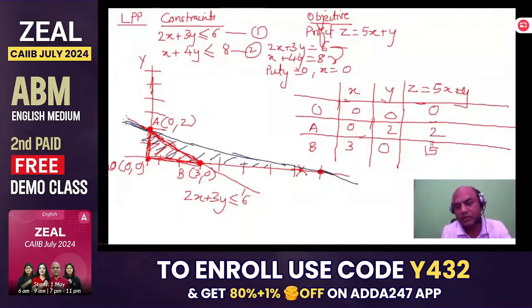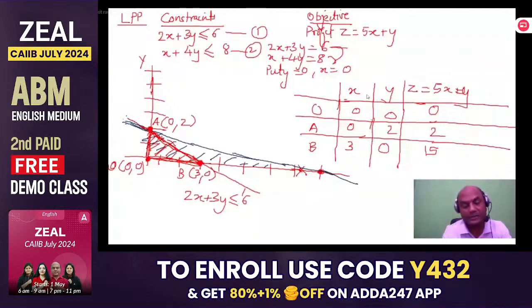Everyone got this? The values of z are 0, 2 and 15. So what is my aim? See here, what is given? Profit. If profit is my objective, should I take the minimum or the maximum?